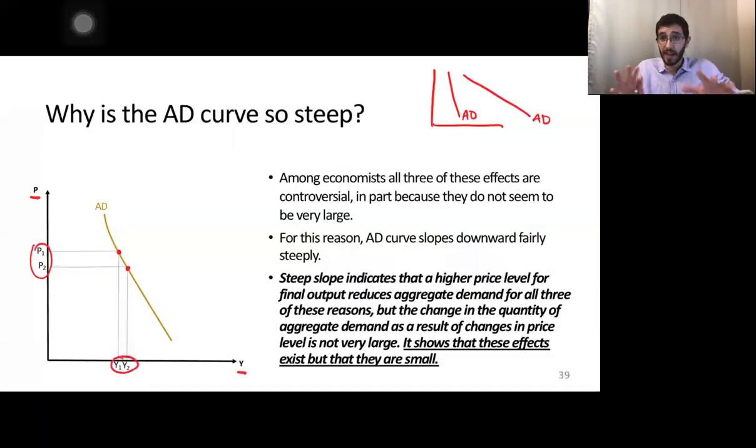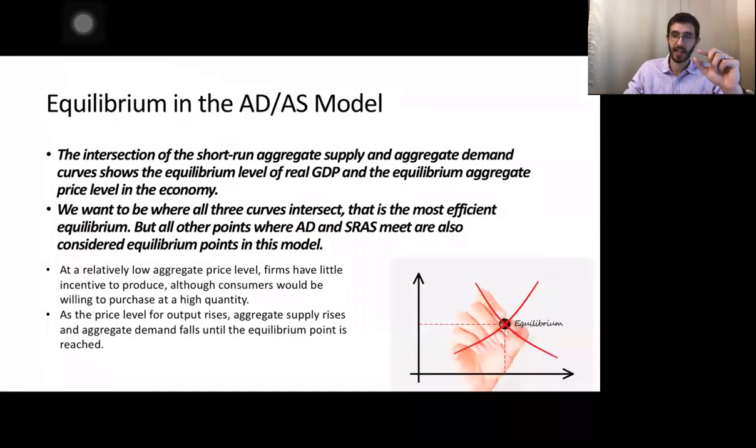So despite aggregate demand responding to a change in the price level, it doesn't respond that much. It's not as sensitive. So in other words, all those effects that we talked about so far are important, but they're having a small impact on the aggregate demand of an economy. Okay, so that's the idea for that one.